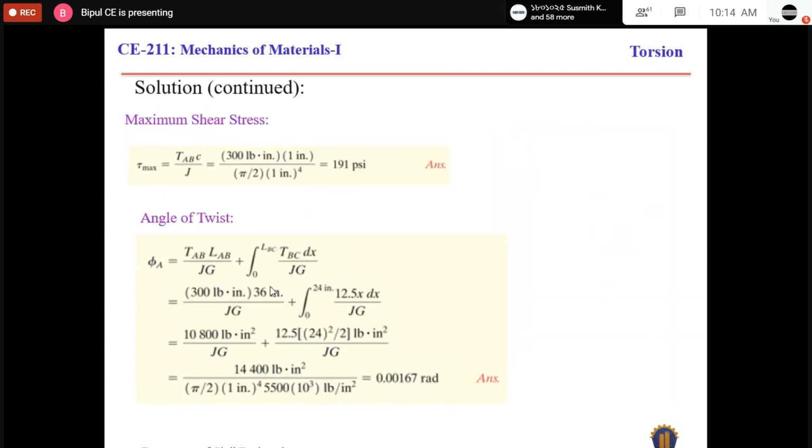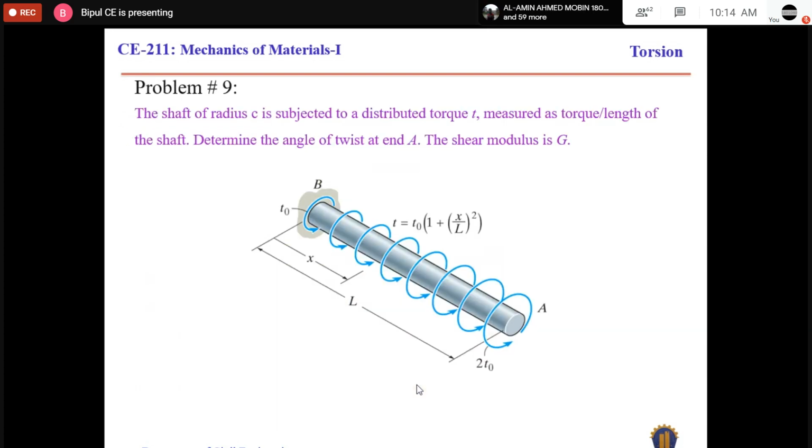So if we substitute that equation in this expression, after integrating from 0 to the length of BC, that means 24 inch, the angle of twist will be 0.00167 radian. So that is the angle of twist.